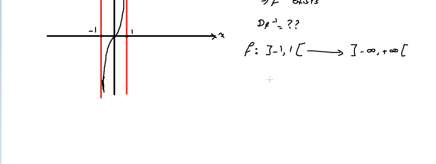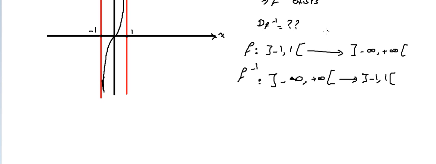And you can go back to inverse functions, I did like 12 videos. The inverse goes from minus infinity, plus infinity to minus 1, 1. So what is the domain of the inverse function? Its domain is simply from minus infinity up to plus infinity.